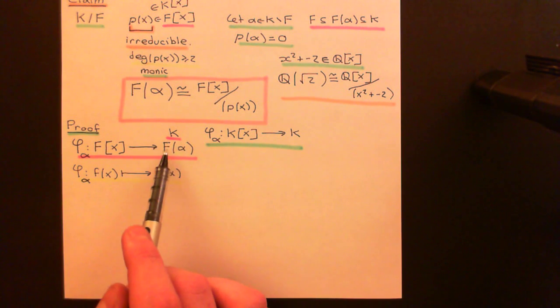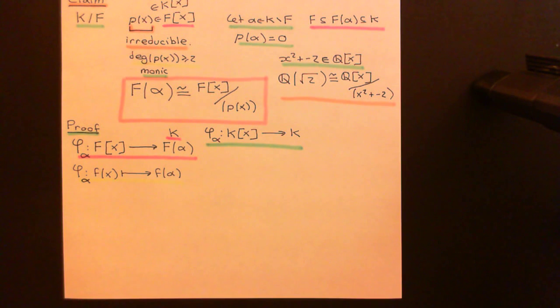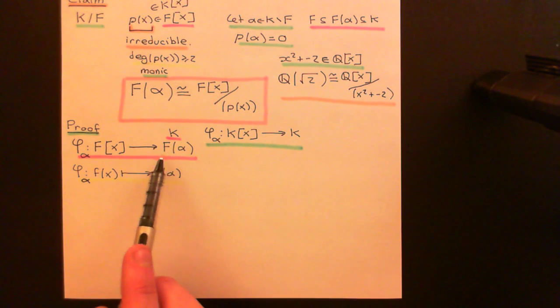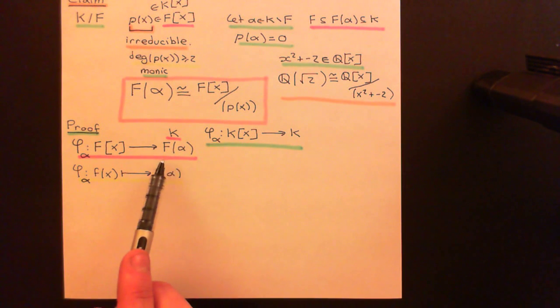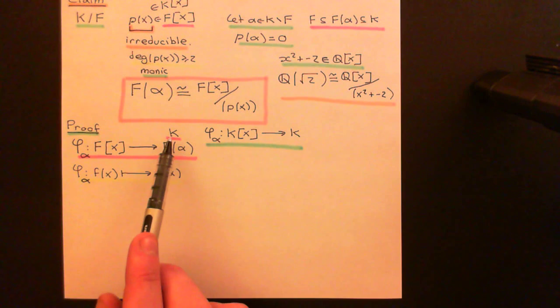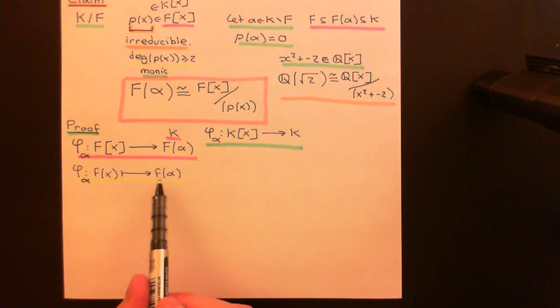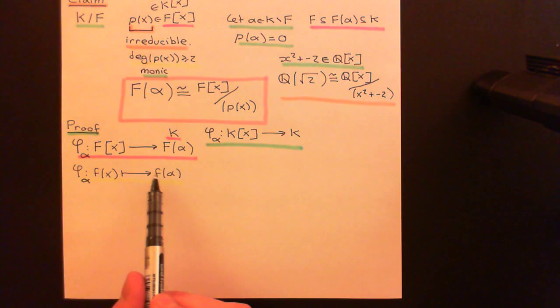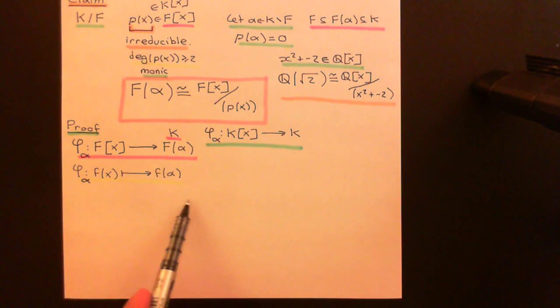Why then have I written the field generated by alpha over F rather than the field capital K? Well, because I can. I know that all the answers that I get here are going to be in the field generated by alpha over F. So I can restrict my attention down from K to that. And the reason is that all of the answers I get are going to be just powers of alpha multiplied by coefficients that are in the field capital F and then added together.